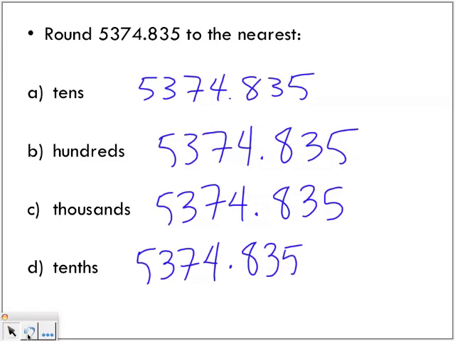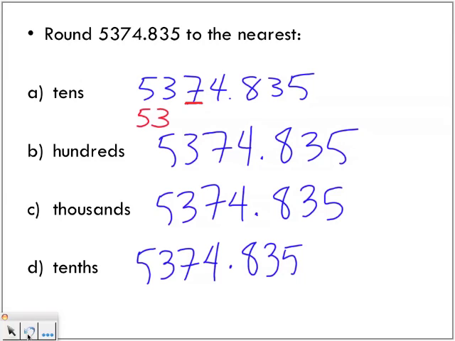Okay? So, if we're looking at the tens column for this first example, which one of these numbers am I going to underline? The 7. Okay, so I'm going to underline the 7. What part of the number doesn't change?